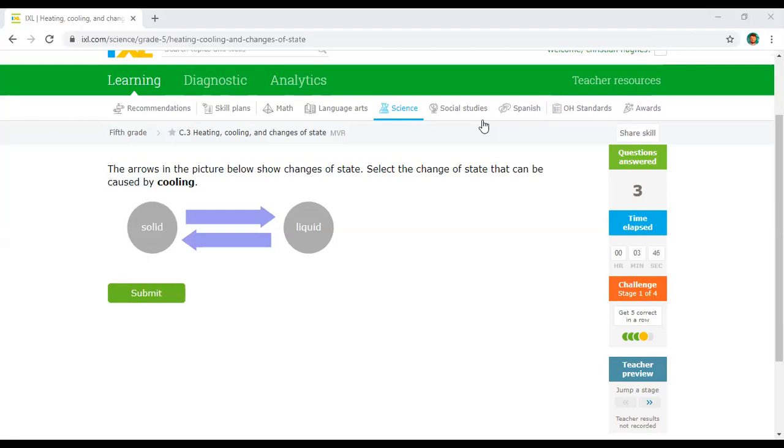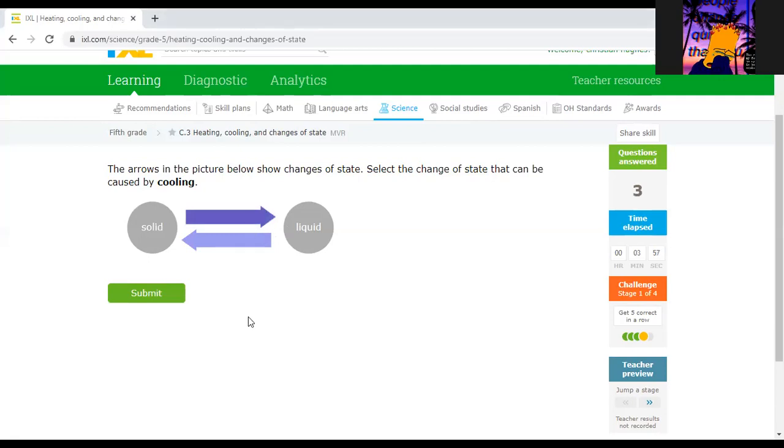So I think that's Portia. Portia, which one of these is represented by cooling? The top arrow. Okay. So a solid, I'm going to use ice, is cooling into water. Does that typically happen?